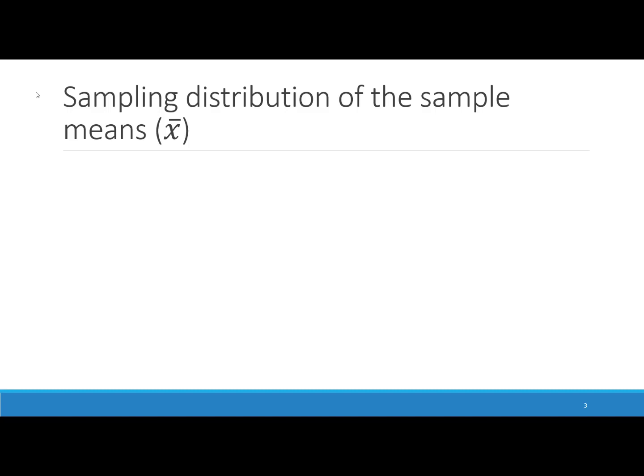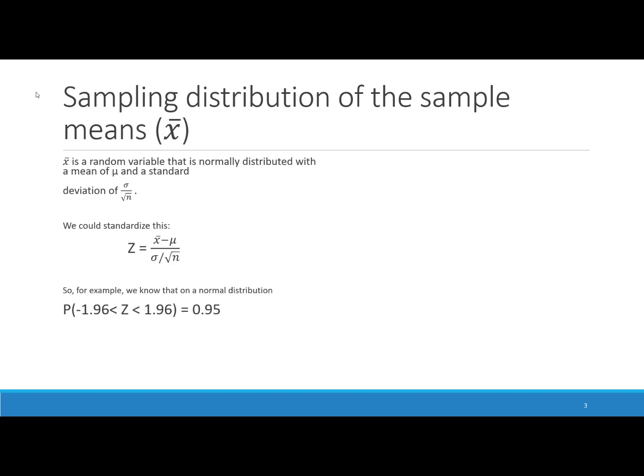So let's think about the sampling distribution of the sample means and what that can tell us about confidence intervals. So again, x bar is a random variable that is normally distributed with a mean of mu and a standard deviation of sigma over square root of n. We could standardize this to a normally distributed z, which is x bar minus mu over sigma over square root of n.